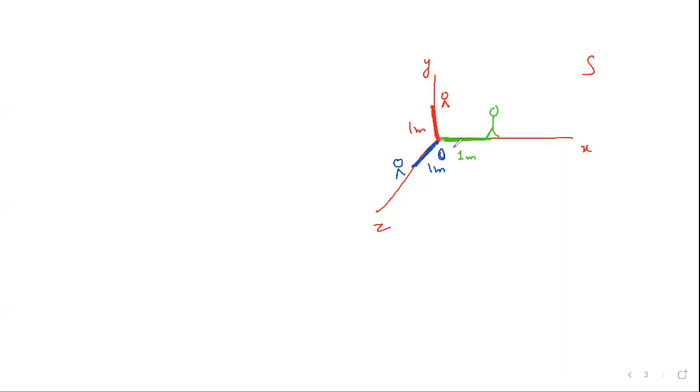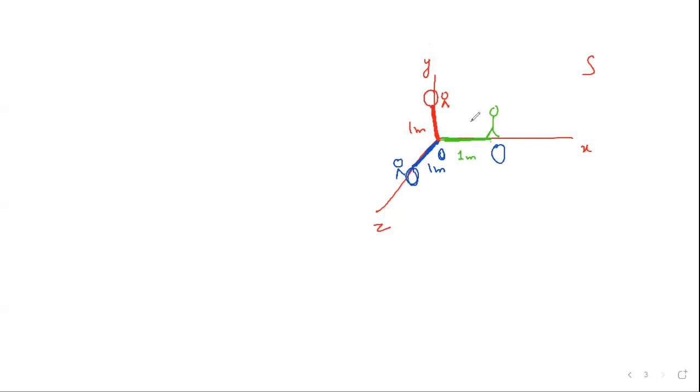This is the origin. At which time they are to start their clocks at the preset reading of 3.33 nanosecond. That means this green observer has its clock. This red observer has its own clock. This blue observer has its own clock, right?